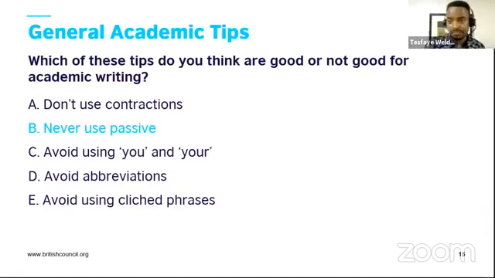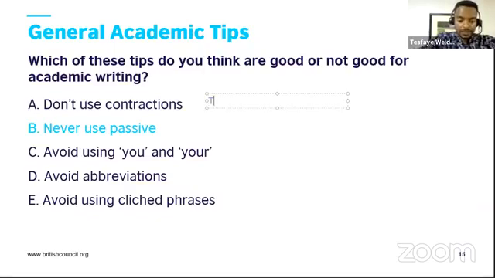Never use passives? Use them when appropriate. And as we said earlier, it's better not to use contractions. Contractions are semi-formal or informal. They are not formal, and in academic writing, we want to sound formal.